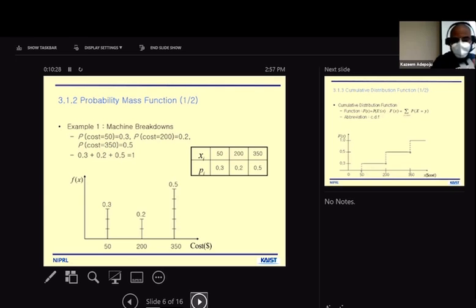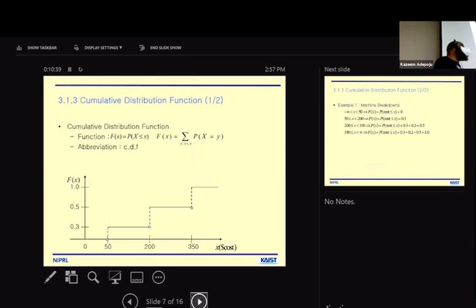Okay. Now, the next thing that we're going to do is obtain what I call the cumulative distribution function as well. What do we mean by cumulative distribution function? At times, you want to figure out a probability question that asks, what is the probability that I'm going to spend less than or equal to 70?